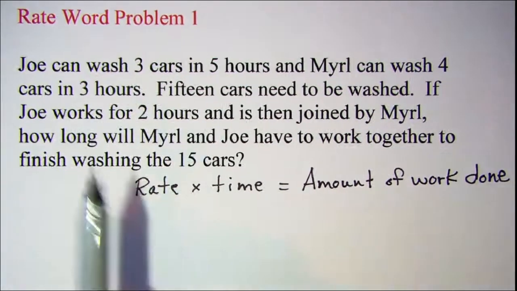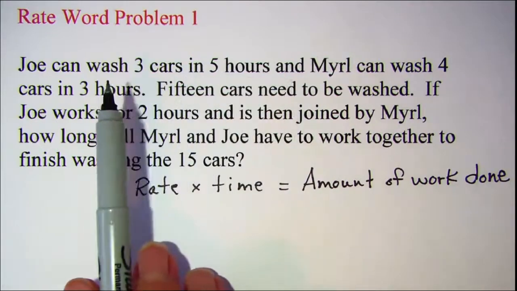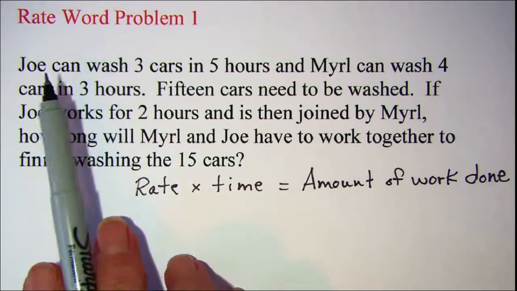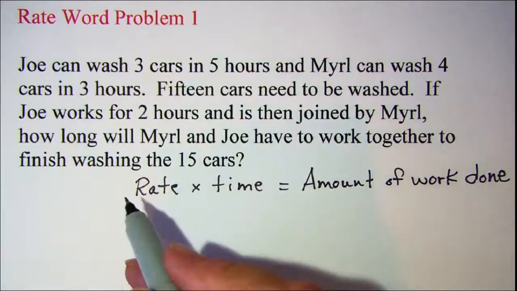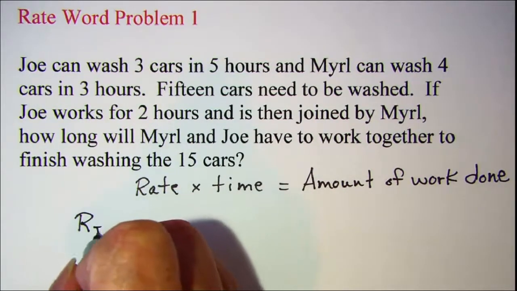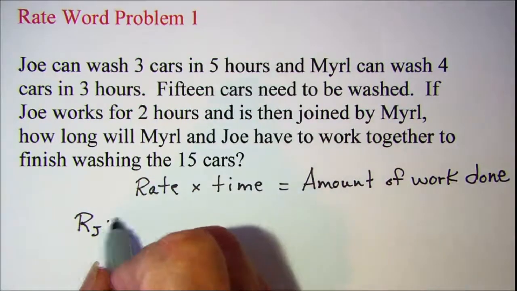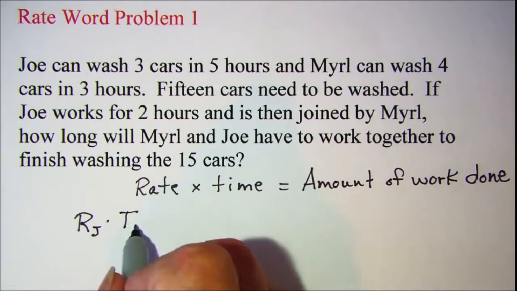So since we have 2 people working on the car wash, we'll use Joe's rate, and I'll show that with R sub j, times Joe's time, so T sub j.